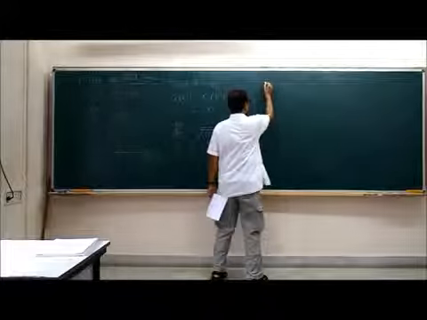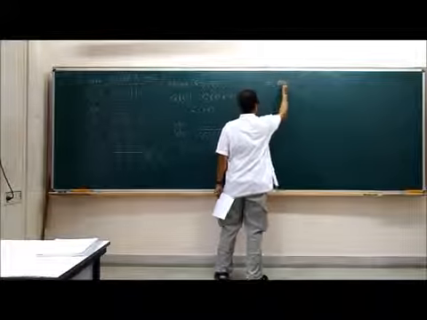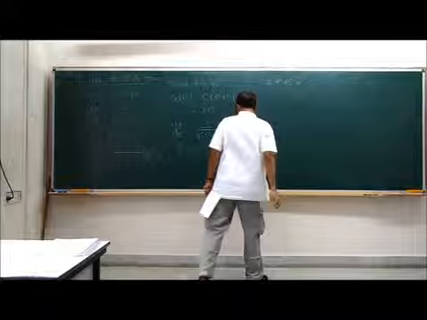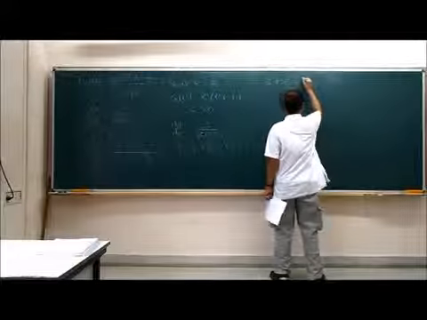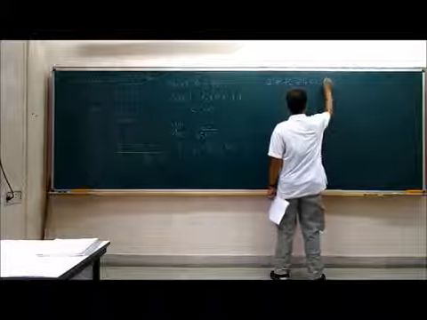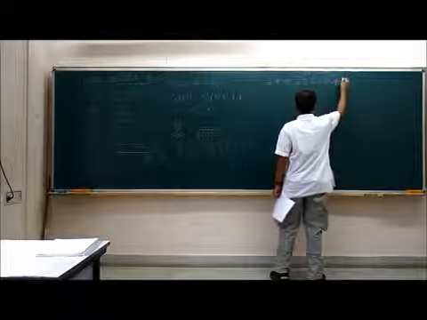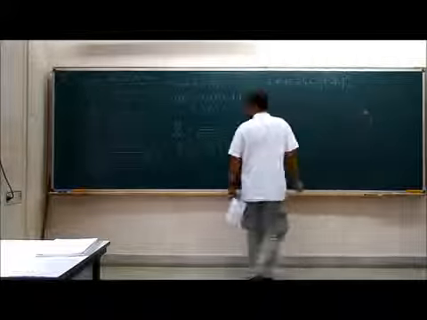So we can rewrite this, by just squaring it, as rho minus rho minus equal to c over 4 times phi minus phi naught squared.